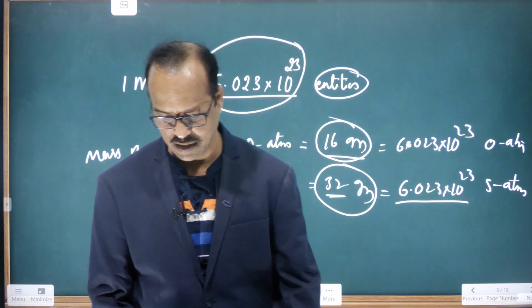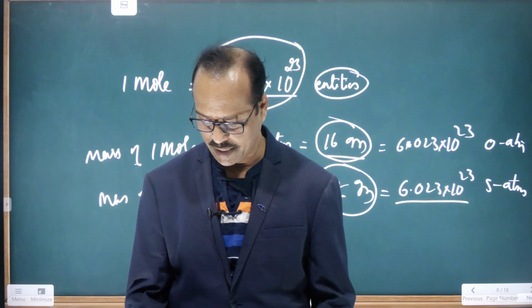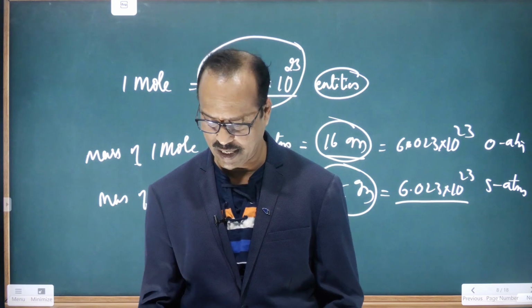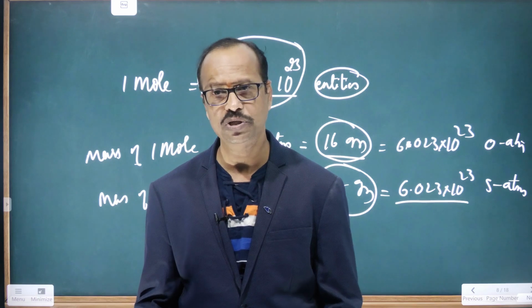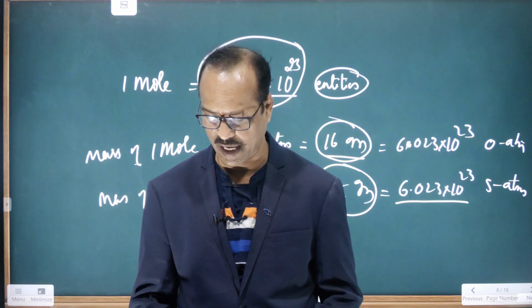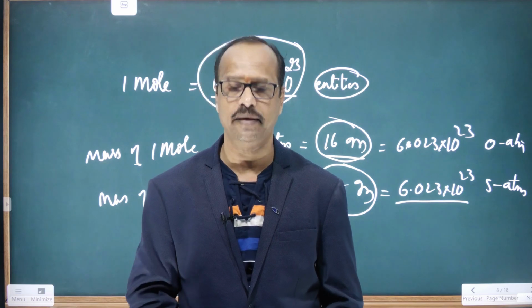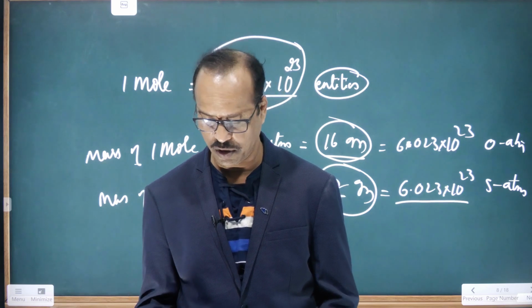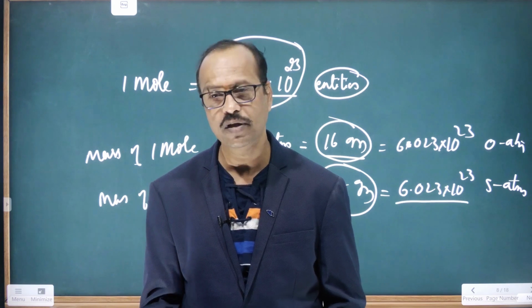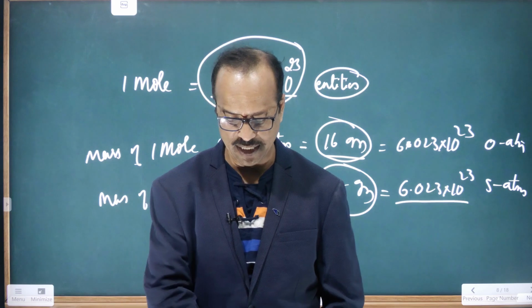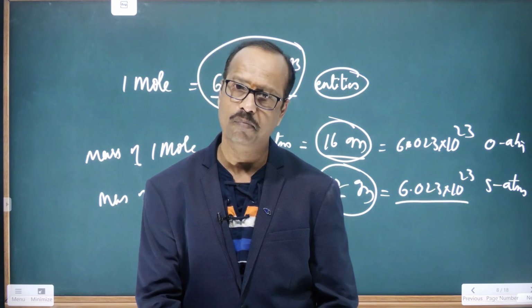So, in the next class, we are going to calculate the gram molecular weight. We already learnt this in the solutions chapter, but once again in this chapter it's given, and it's a very important topic. So, in the next class we do some calculations to measure the molecular weights of some molecules.